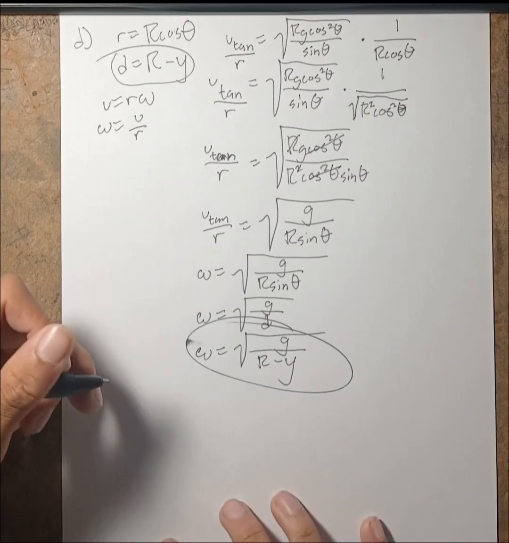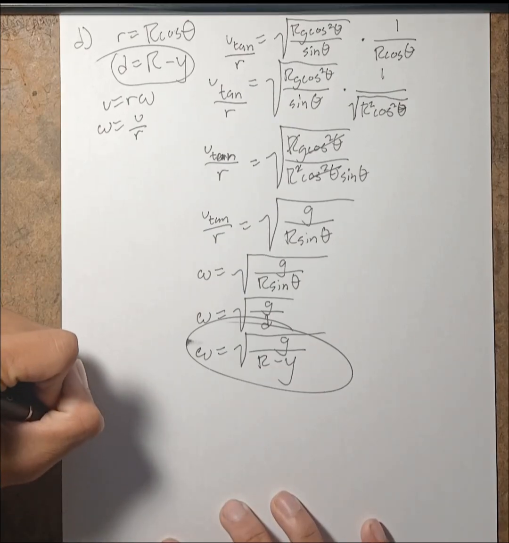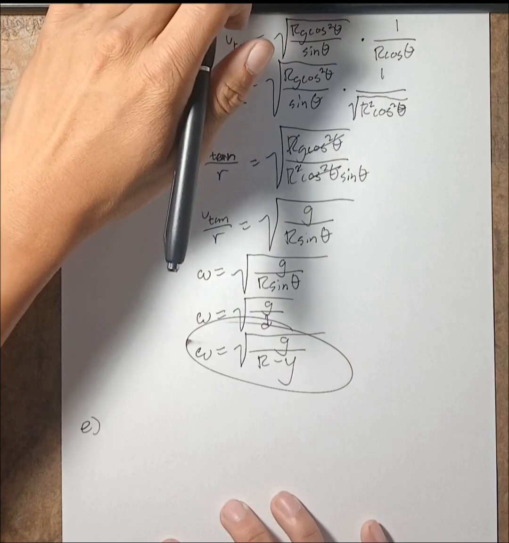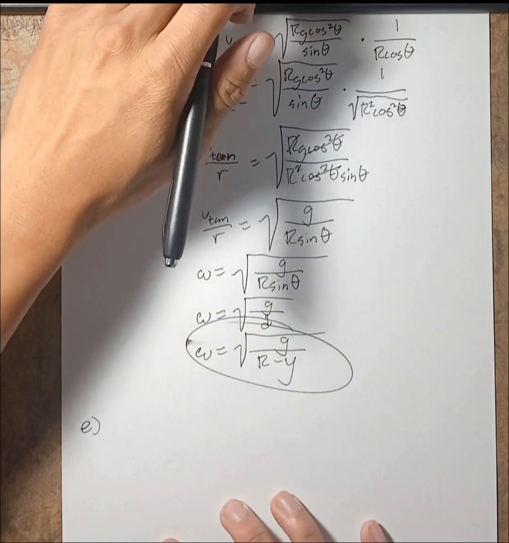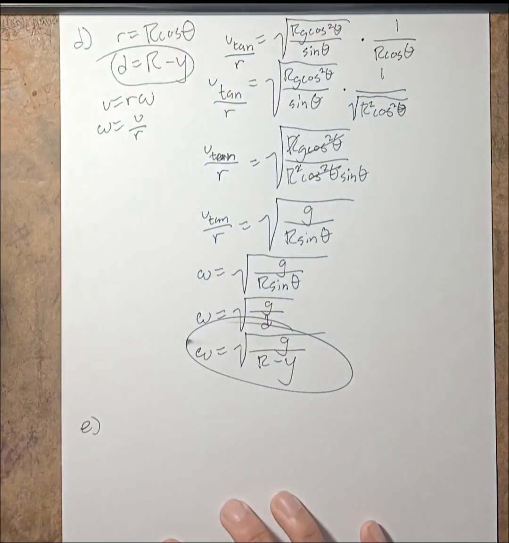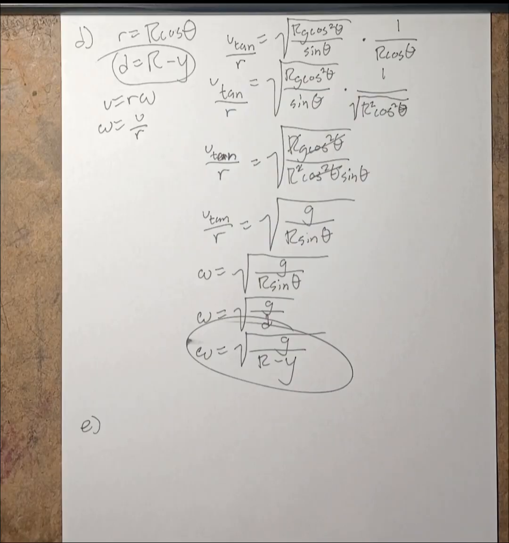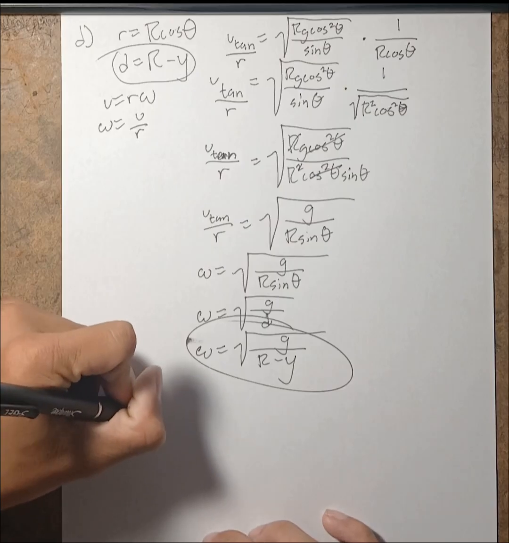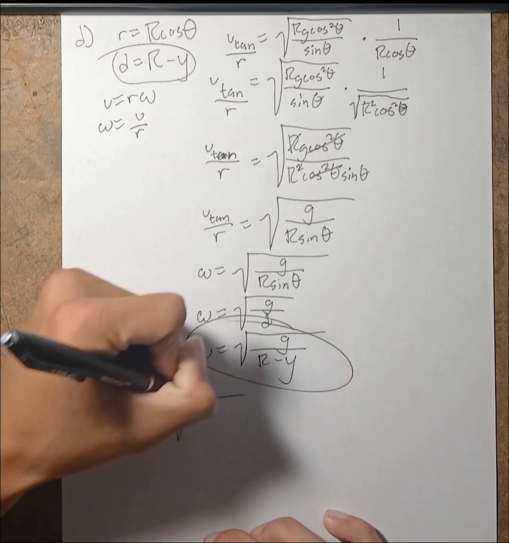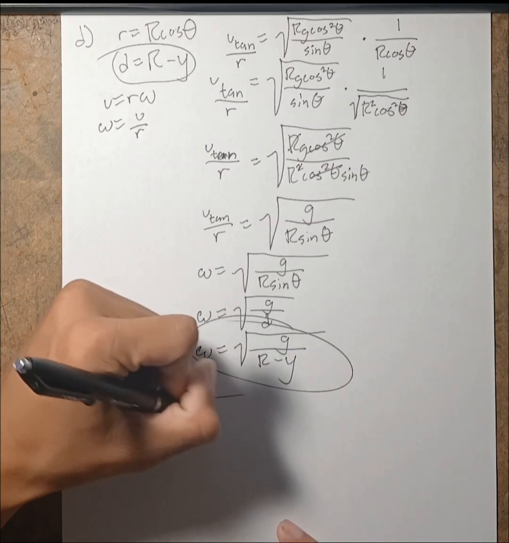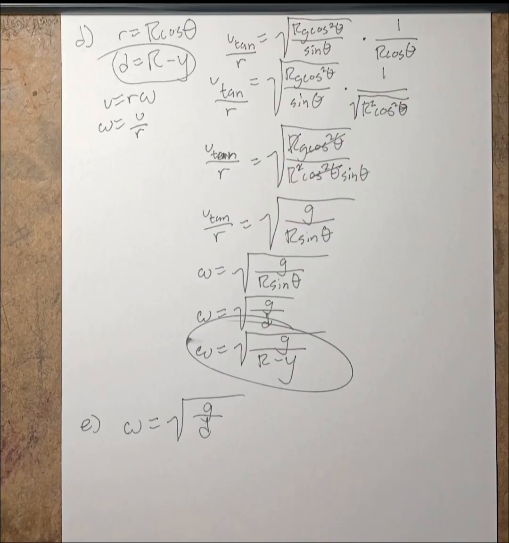Part E, prove that the minimum value for the omega, which the ball can move in a circle, is the square root of g over big R, rationalized as square root of Rg over R. Okay, so we already know that omega equals the square root of g over d, right? Well, what is d?